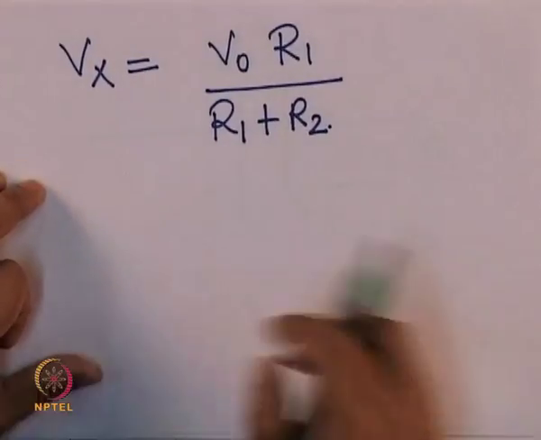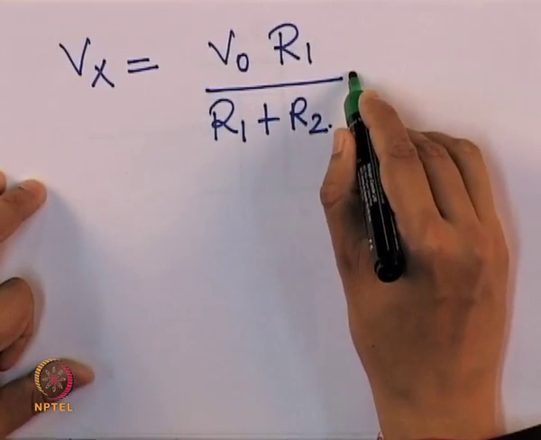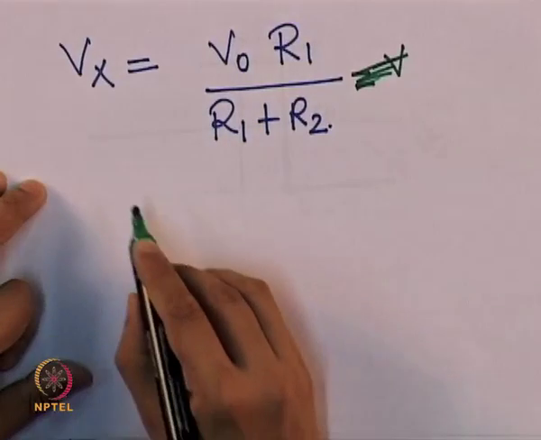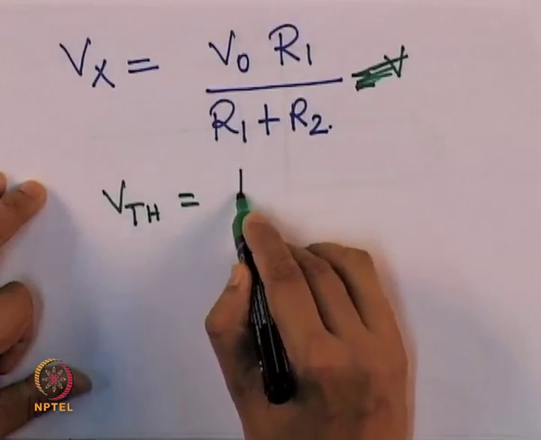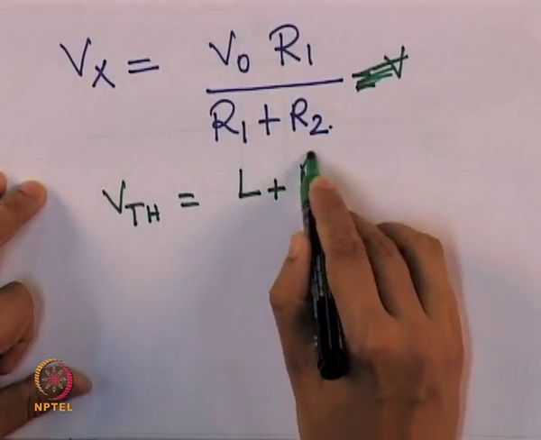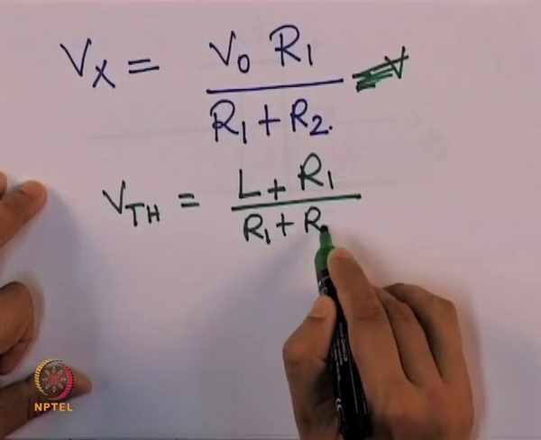So, when Vx is equal to V0 R1 upon R1 plus R2, this is the value of Vx. So, Vth will be given by L plus R1 upon R1 plus R2.